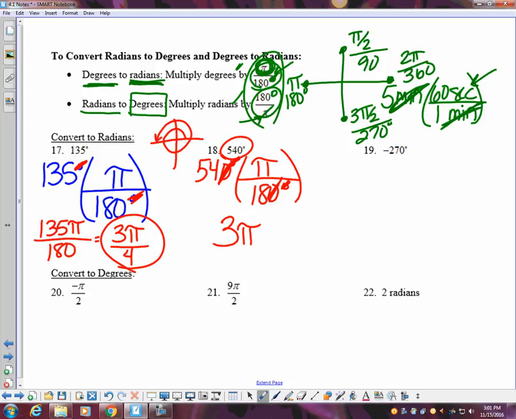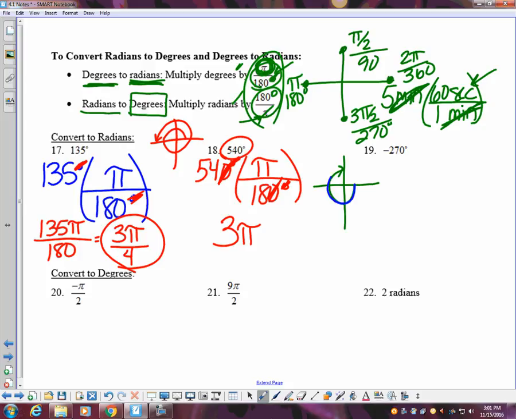There's 540 degrees. Negative 270, again, if you're on your toes, you shouldn't have to do anything for this one. Negative 270. 90, 180, 270. So what is that in radians?